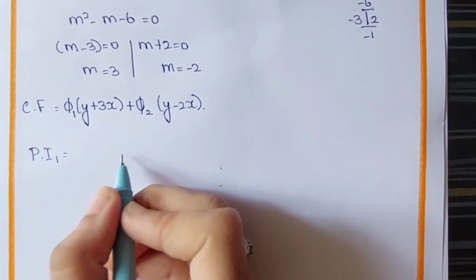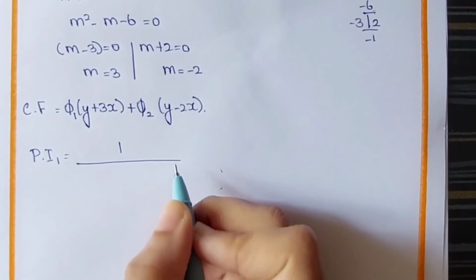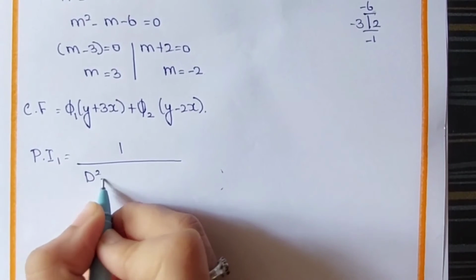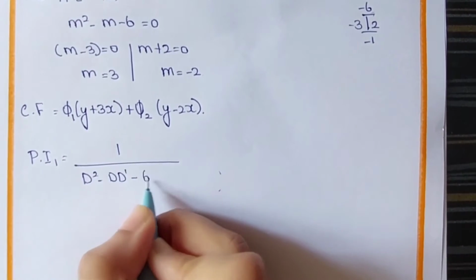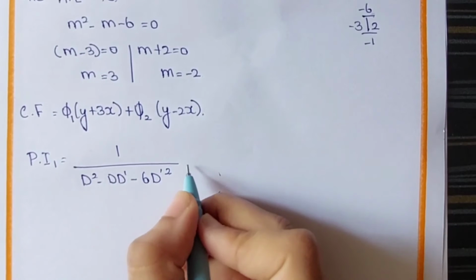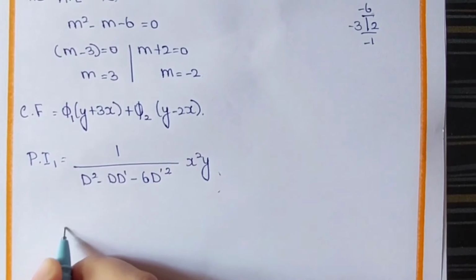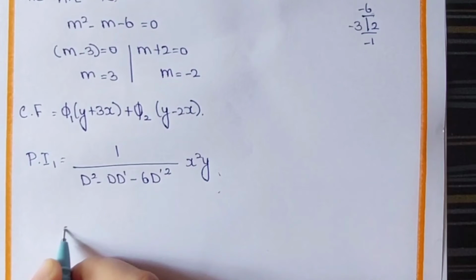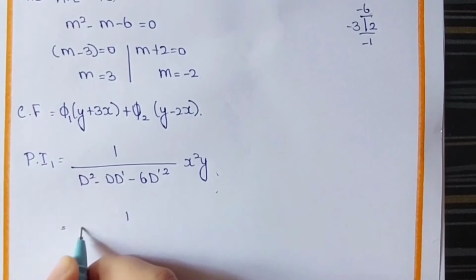Next, to find PI1, we can write it as 1 by (D square minus D' minus 6D' square) into x square y. Here there is no constant term, so we can take D square outside.